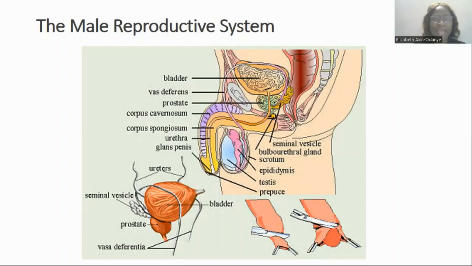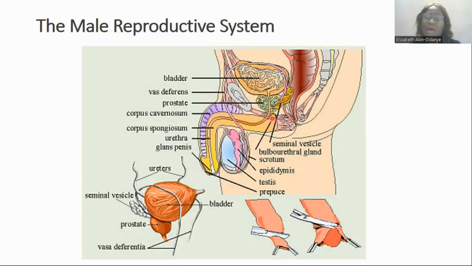And we also have what is called the bulbourethral gland. The bulbourethral glands are located along the urethra below the prostate, and they secrete a very small amount of fluid just before the man ejaculates fully.